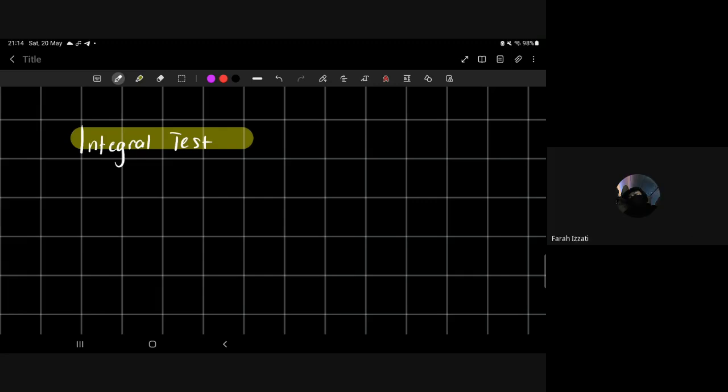So about question 18. I think it's negative 2 over n multiplied by square root of n. I kind of confused.